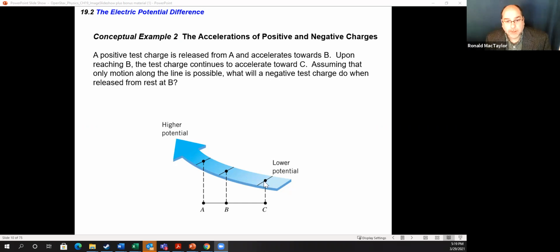An electron will have lower potential energy at the place we call higher electric potential, because the electron is attracted to the positive charge and repelled from the negative charge.